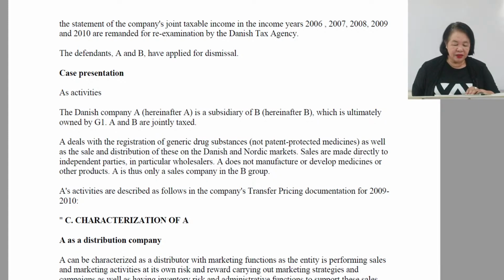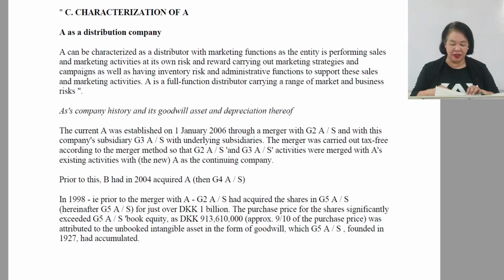Okay. So, characterization of the transactions, no? A as a distribution company. No? So, si A daw, distribution company. A can be characterized as a distributor with marketing functions as the entity is performing sales and marketing activities at its own risk and reward, carrying out marketing strategies and campaigns, as well as having inventory risk and administrative functions to support these sales and marketing activities.